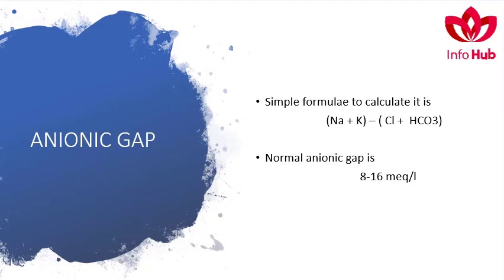If you want to know those conditions in which the anion gap is increased, I can enumerate a few. Like you have heard of diabetes. There is a complication of diabetes which is called diabetic ketoacidosis. In that condition, the anion gap will increase. Similarly, in uremia, when there is kidney failure and much uremia in the blood, the gap will increase.